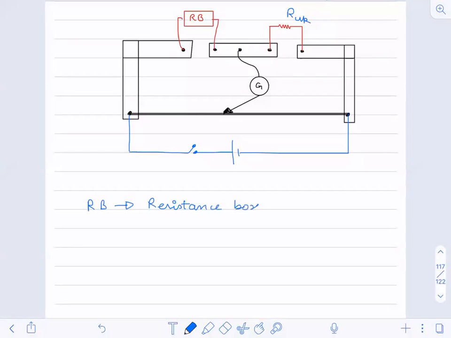A resistance box is a device. It is a box like this.